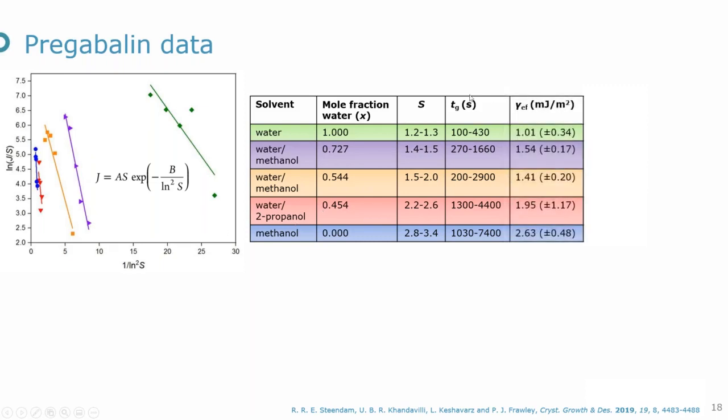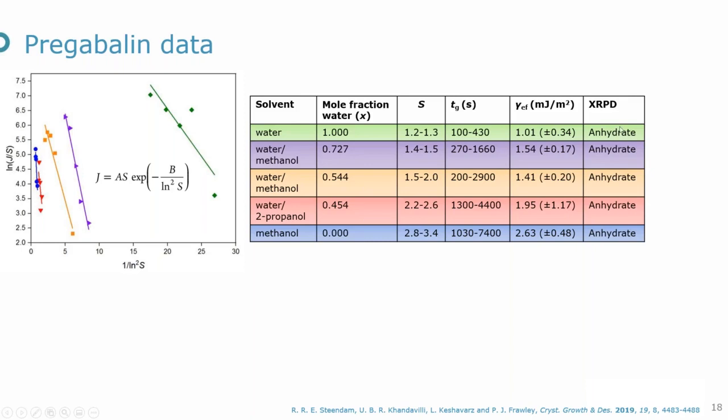And from that data, we could also estimate the effective energy needed to create a surface. So this is also, again, a sort of energy barrier to form a crystal. And you can see that in water, the barrier is not so high, but becomes higher if you have less water in your system.